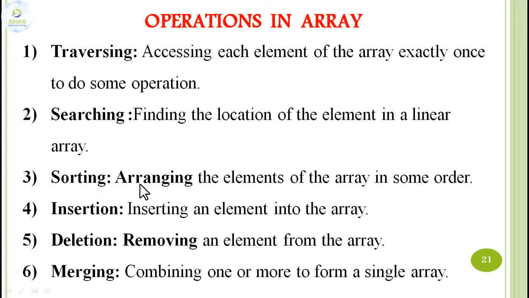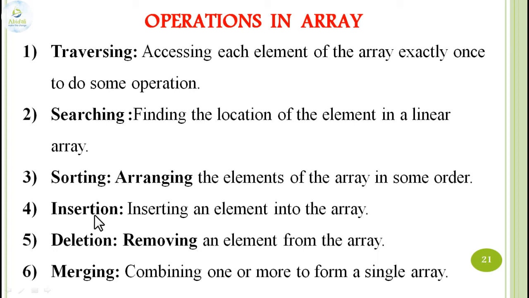Sorting is nothing but arranging the elements or data items in some order, that is either in ascending order or descending order, by rearranging them. Okay. So arranging them is called the sorting, arrangement of elements in some order. Next thing is the insertion, putting a new value.